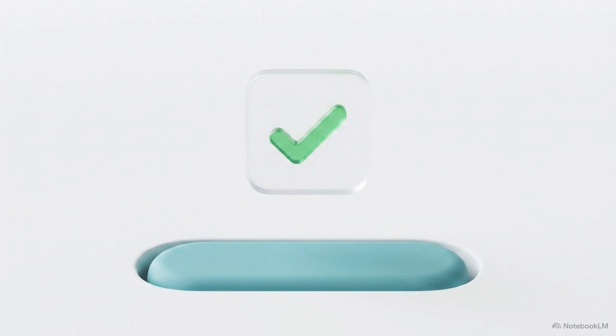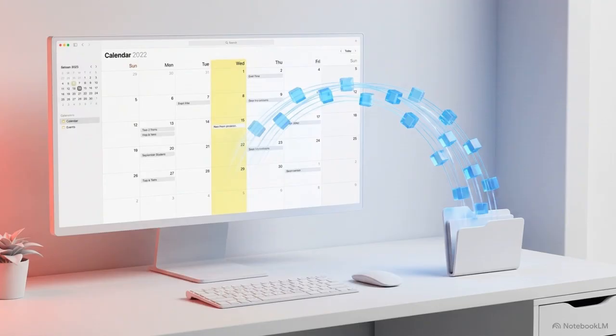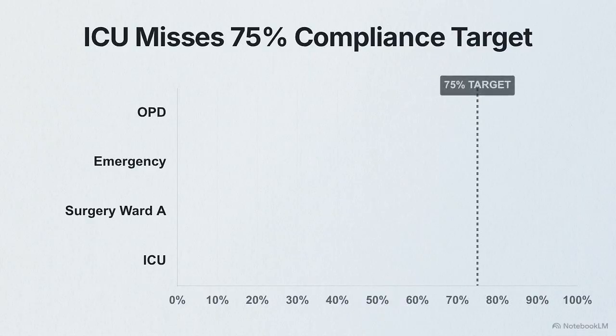If you lose Wi-Fi on the ward, the tool's fail-safe activates. It saves your entry locally to the device and will automatically sync to the cloud the moment your internet connection is restored. Every Friday, the chief of the technical office logs into the system and pulls all the synced data to compile the master cross-department report. This compiled data has direct consequences.